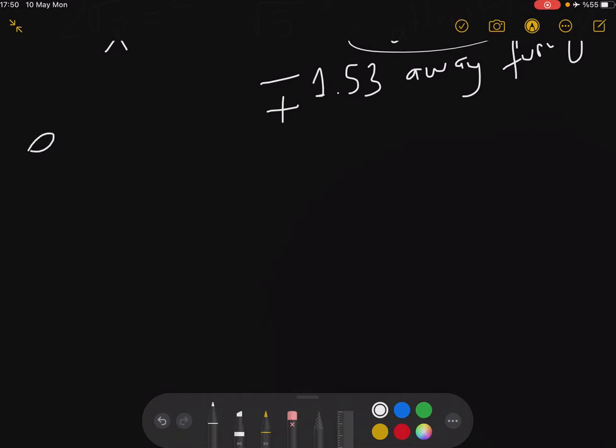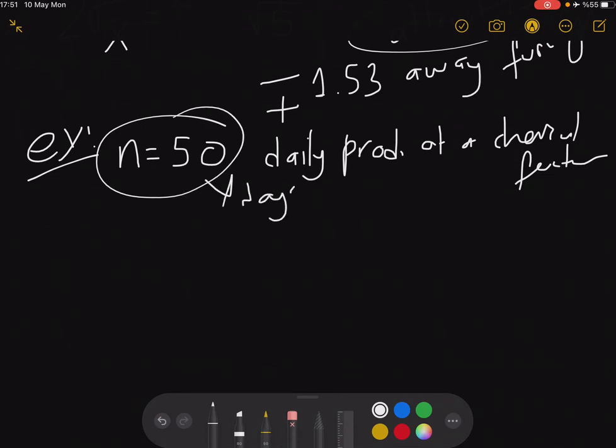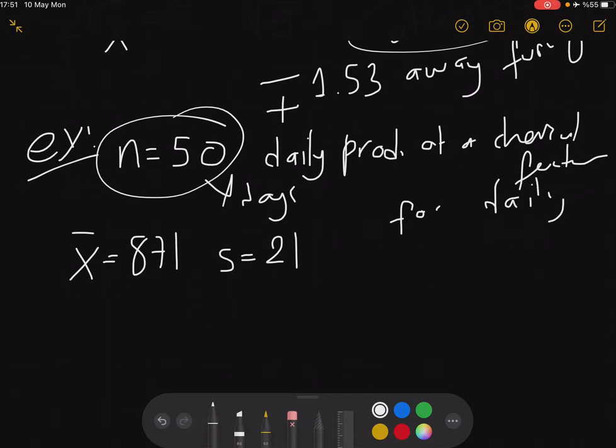Suppose that, again, this example is taken from the textbook as well, like daily production at a chemical factory, and 50 days samples are taken, like you take samples for 50 days, and their average is this one with a standard deviation of 21. This is for daily samples.